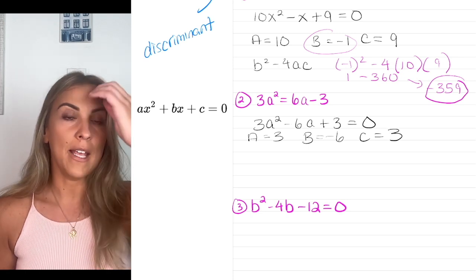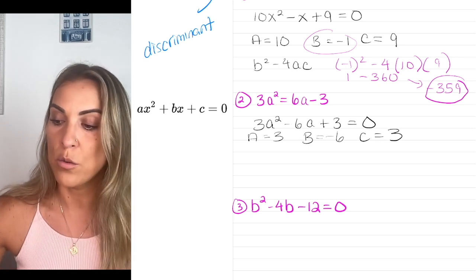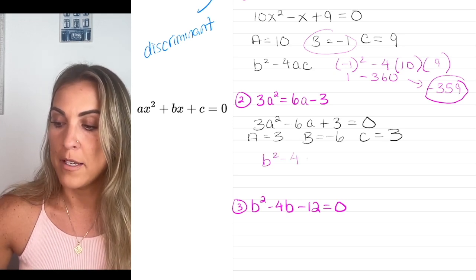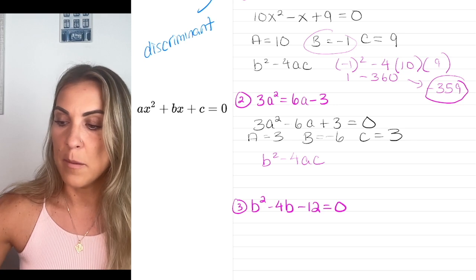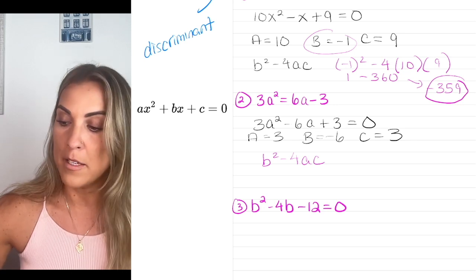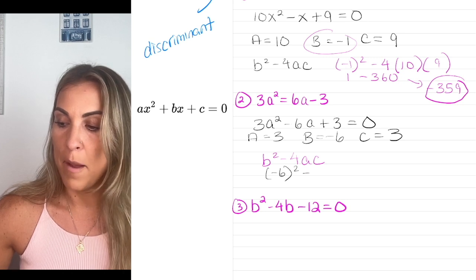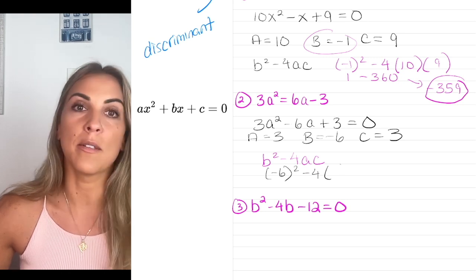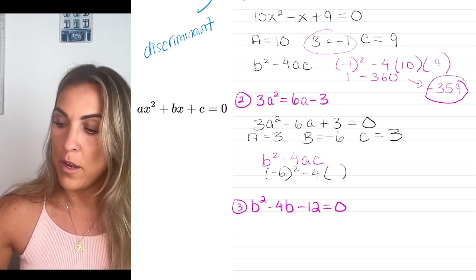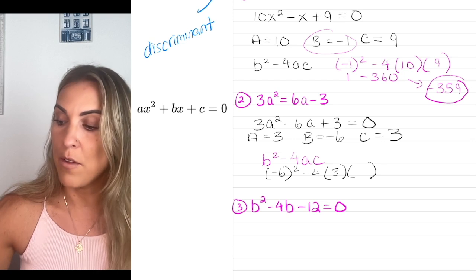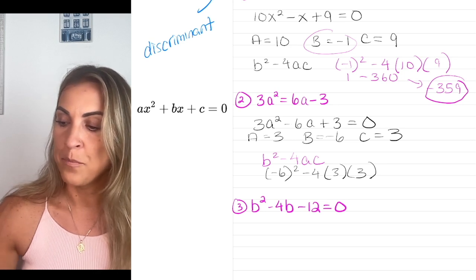Once I have my A, B, and C identified, I can substitute them into that little formula, B squared minus 4AC. So substituting in, instead of writing B squared, I'm going to write (-6) squared minus 4 times, now instead of writing A, my A value here is 3, and instead of writing C, I'm going to substitute it with my C value here, which is also 3.